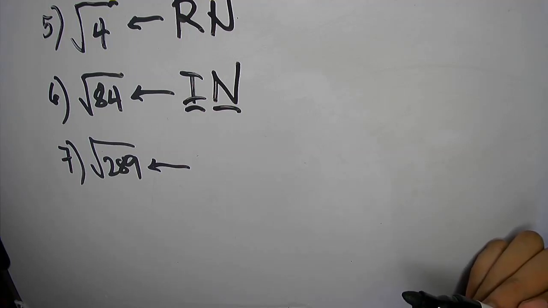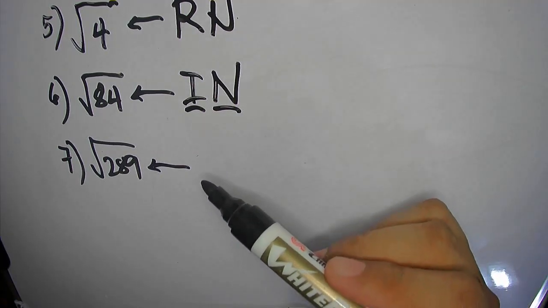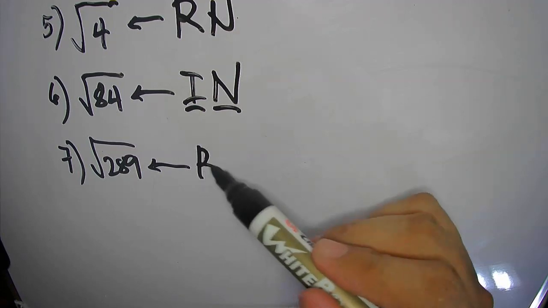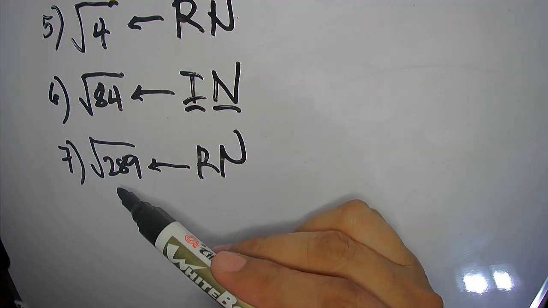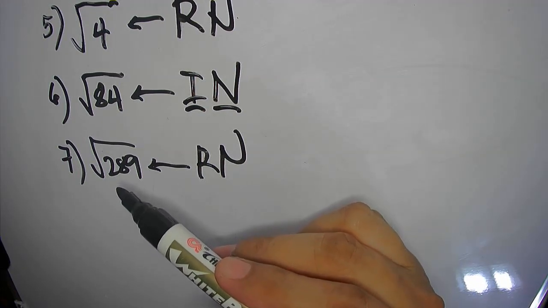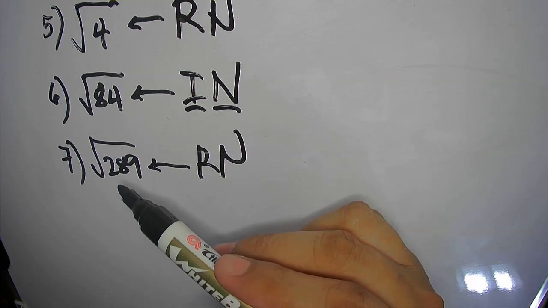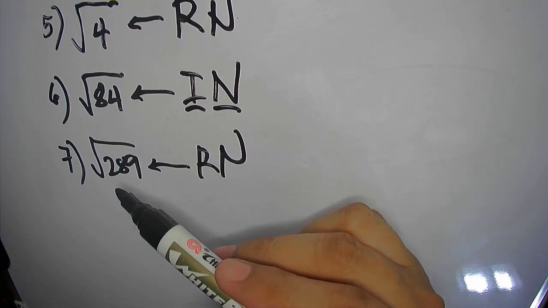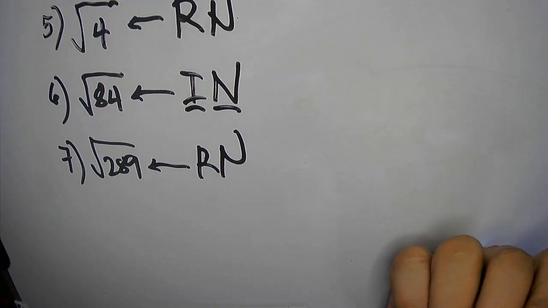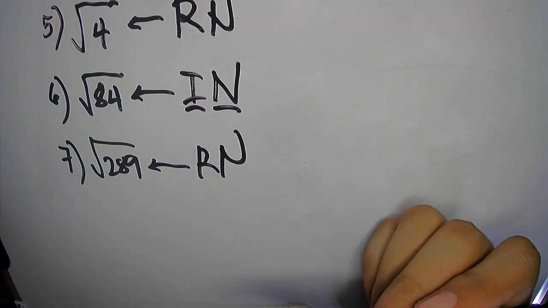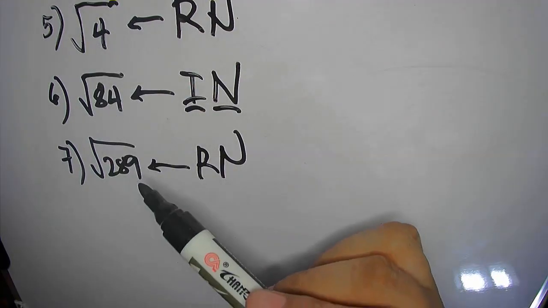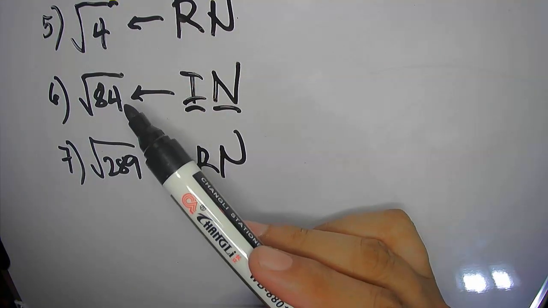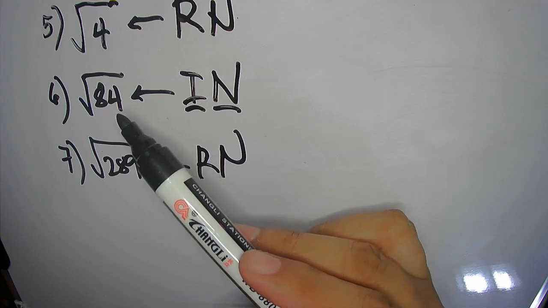So, square root of 289 is rational number. Dahil yung 289 ay galing sa dalawang number na magkapareho na pag minultiply natin, ang sagot niya ay 289. And that's 17 times 17. So, meron na tayong dalawang rational number. That's square root of 4 and square root of 289. And isang irrational number. And that's square root of 84.